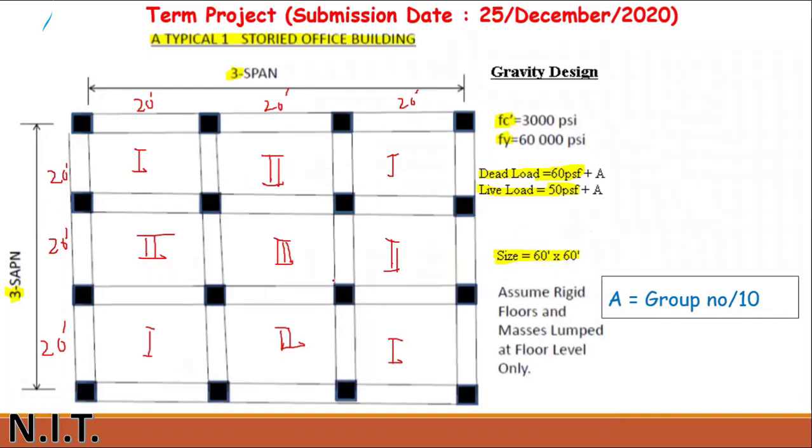Just try to understand example number 4. Example number 4 is very similar to your project. When you understand example number 4, you can understand how to solve this project. Okay, let's try to solve example number 4.